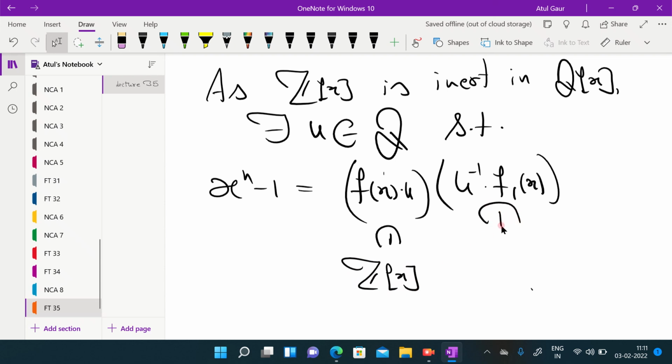Similarly, u inverse f1x is also in zx. So what will be the possibility for u?